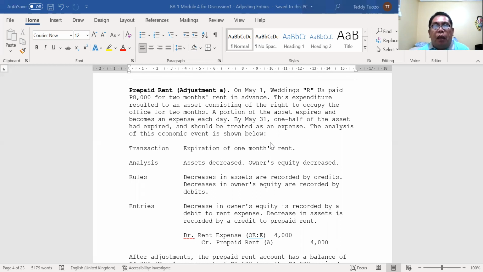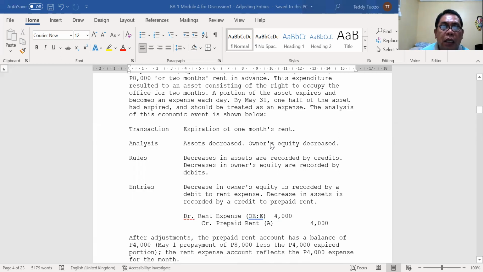Prepaid. A portion of the asset expires and becomes an expense each day. By May 31, one half of the asset, since it is 2 months, one month has expired and should be treated as an expense. The analysis of this economic event is shown below.